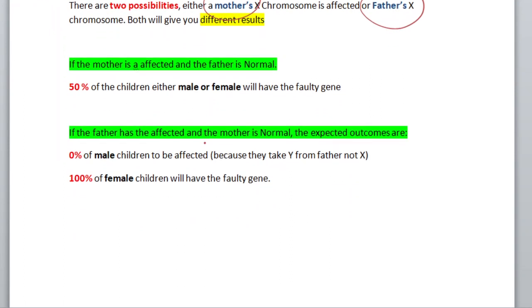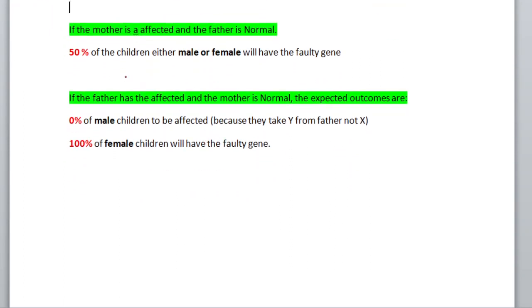Now, if the mother is affected and the father is normal, she is affected, she is not a carrier. In dominant conditions, there is no carrier, because you only need one chromosome to be defective.